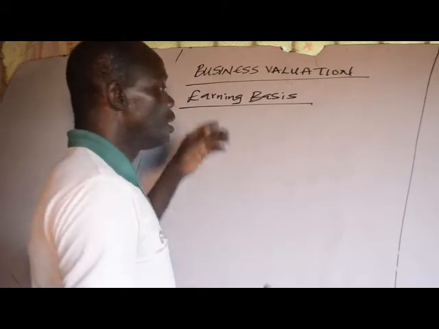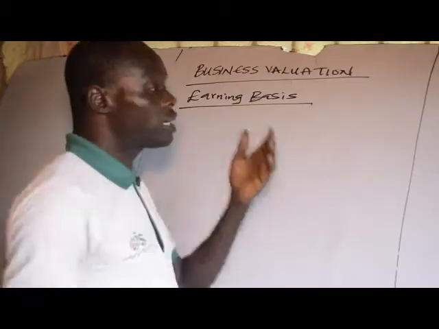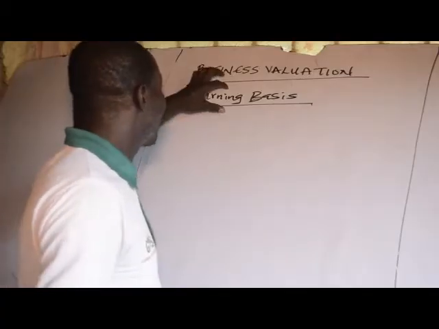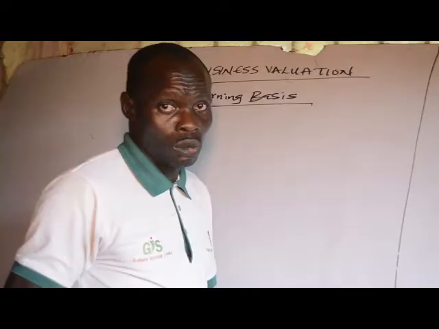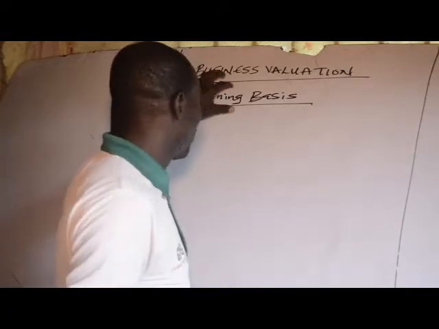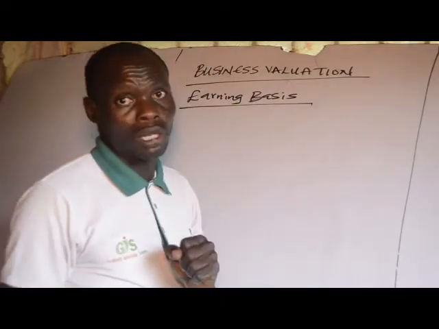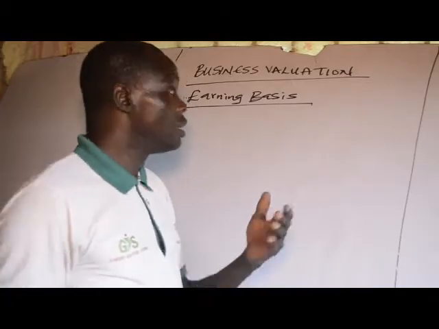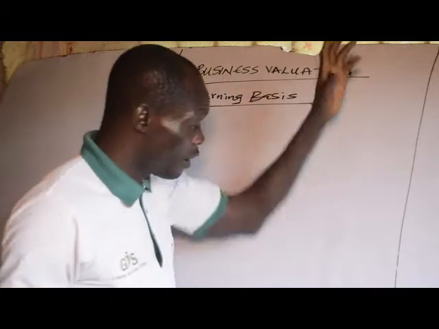So, earning basis is a method of estimating share prices when substantial shareholdings are involved. Whenever substantial shareholdings are involved, and you want to estimate the market price of those shares, you use the earning basis method. I repeat, whenever shareholdings, that is the parent and subsidiary, are involved.